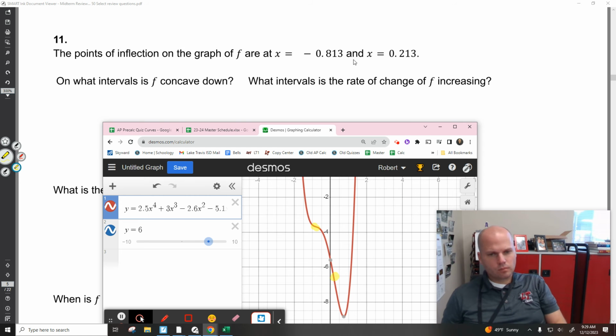When we're concave down, it looks like we're concave down to here. So between my points of inflection, it's between -0.813 and 0.213.